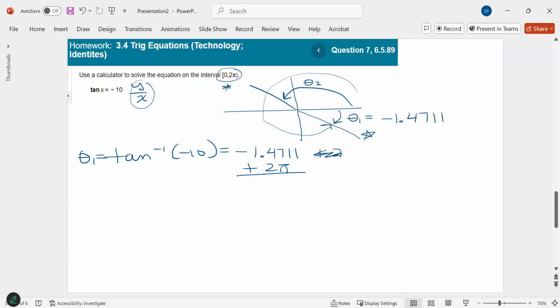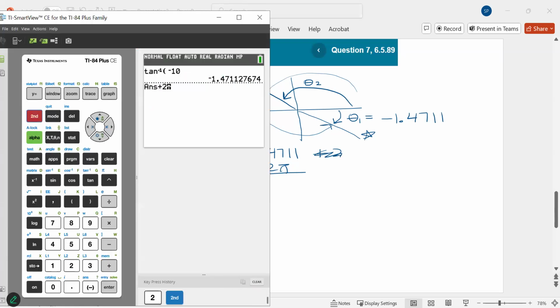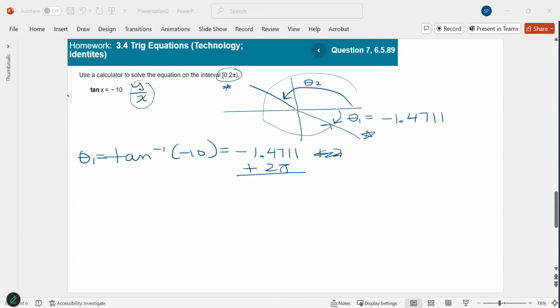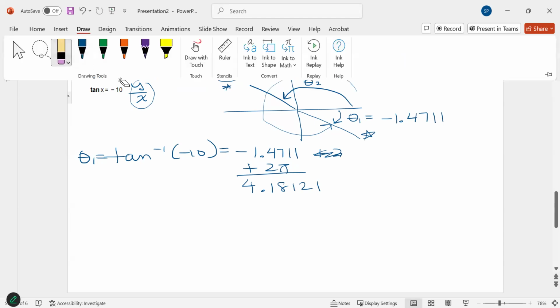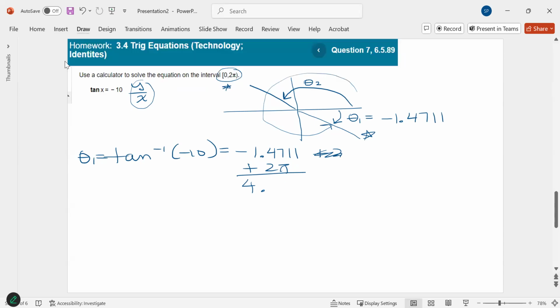That'll give us 4.8121. Okay, so that's our first angle.